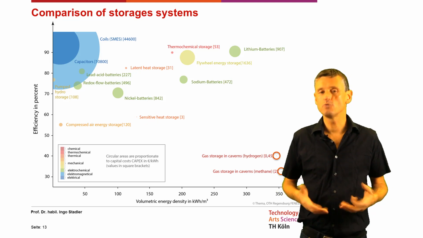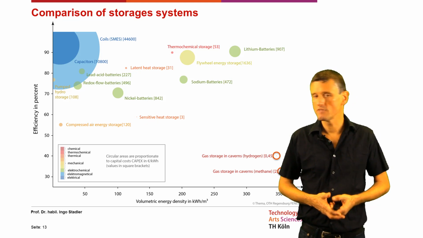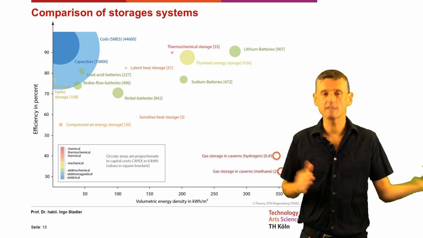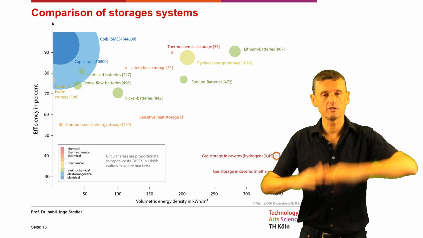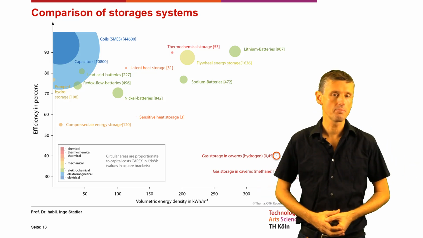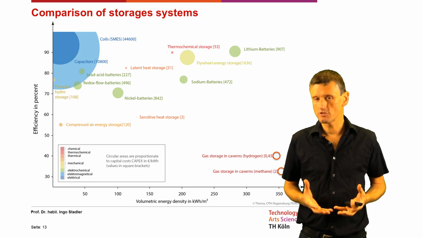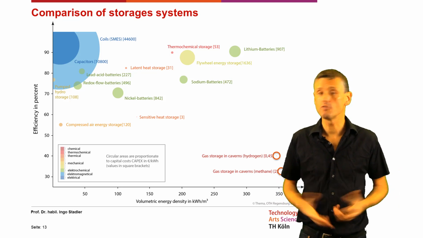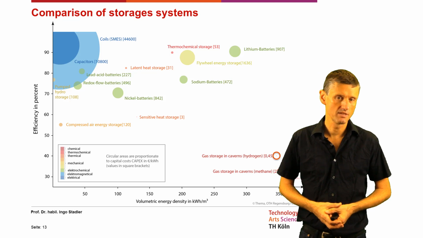And then coming to the other extreme, which we find on the complete right side and the complete bottom of the diagram, is the gas storage for hydrogen or for methane, natural gas.